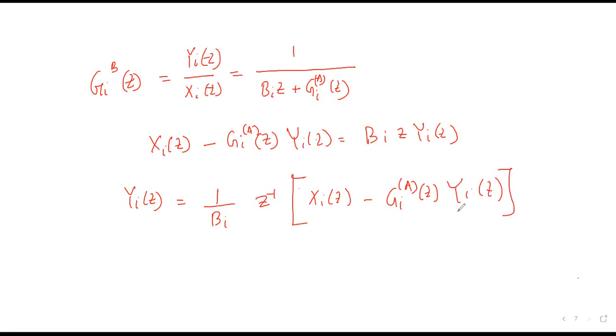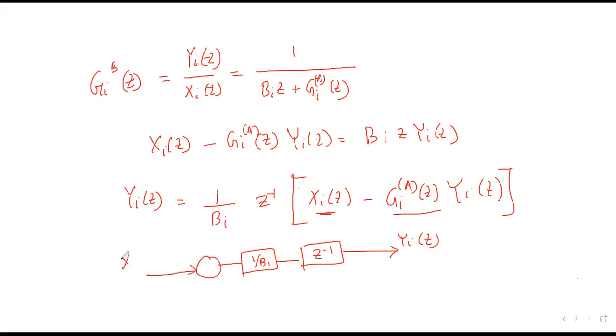Okay, so now how can you represent it? Very simple. You need to multiply with 1 by B1, then you have to give a delay Z inverse, and then you're going to get your output Y1Z. Now on the input side, what will happen? The input has to be subtracted with this feedback. So the input is X1Z, and after the multiplication and the delay, you just need to multiply the output with the gain G1AZ.